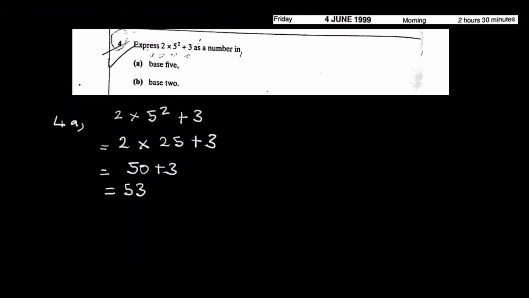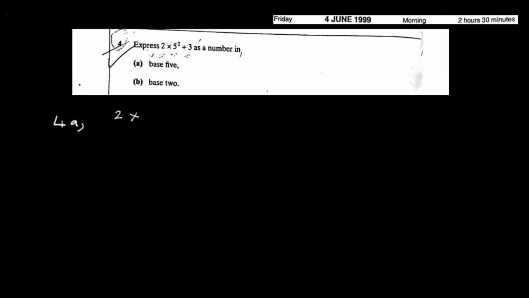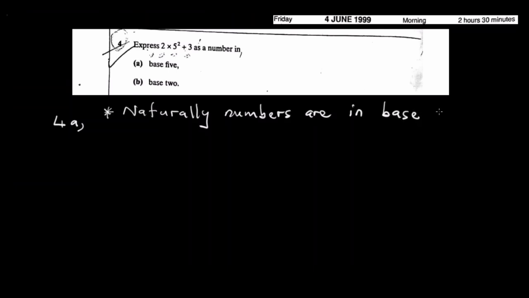So let us look at (a) and see how we convert 53 to base 5. Firstly, as a reminder, we know that numbers are naturally in base 10, and I need to put emphasis on this important word, naturally.